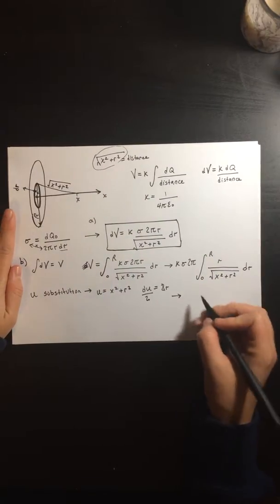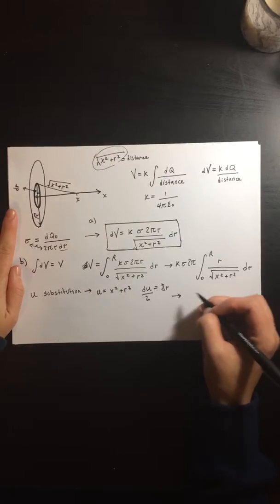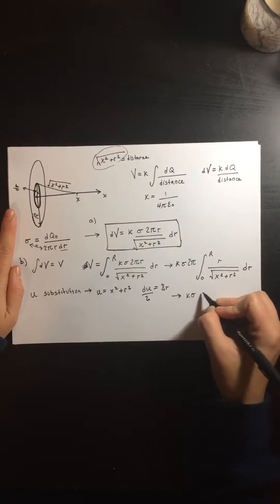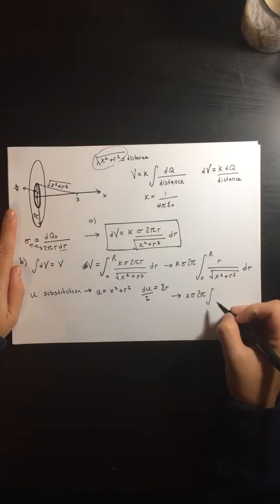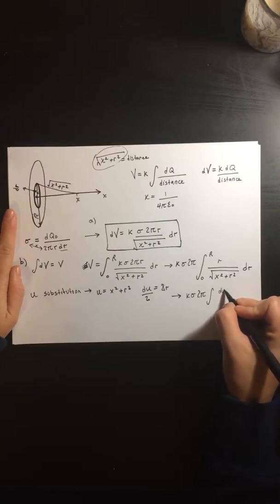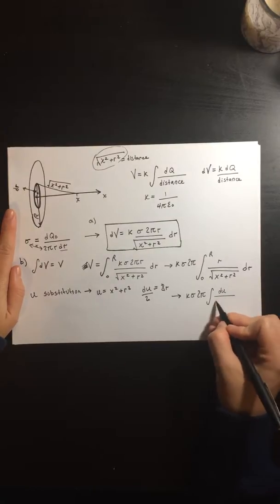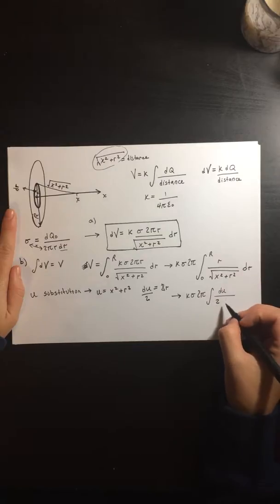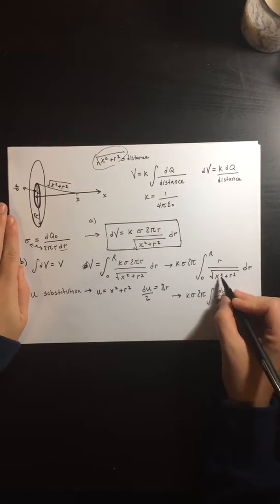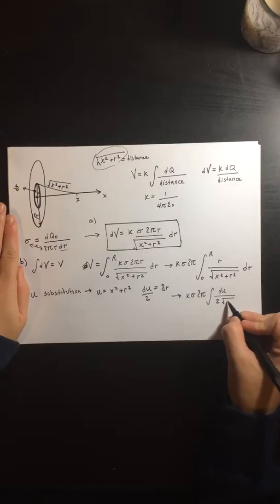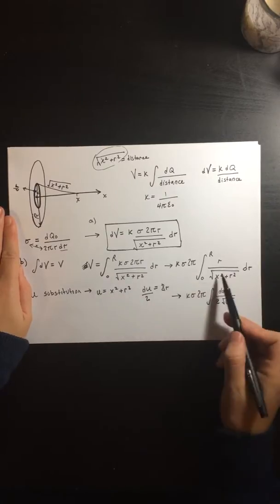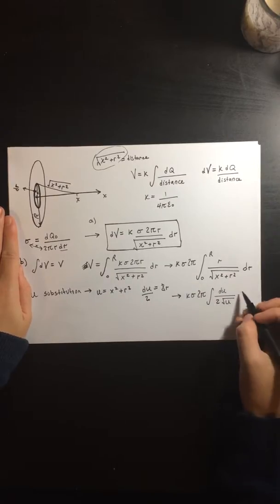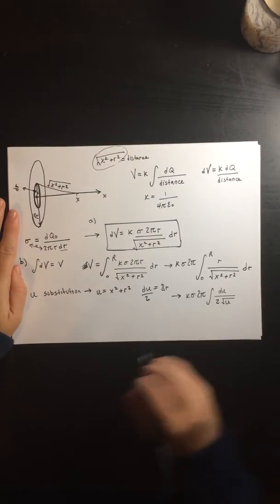So we can plug this into our formula, and we have k charge density 2 pi, and then our integral sign, and then du over 2 instead of r, and then the square root of u, because this is u, so it's the square root of u, du over 2. That uses up everything, we substituted everything correctly.